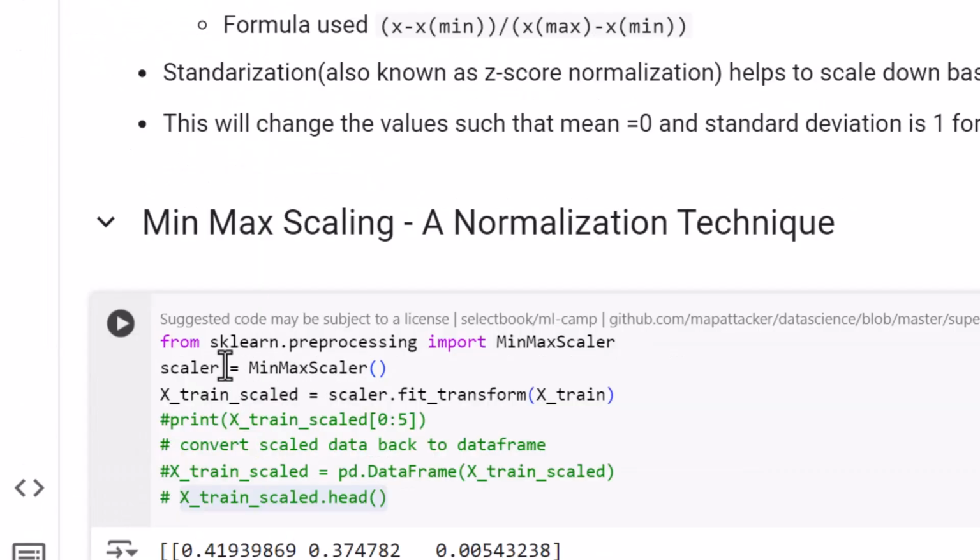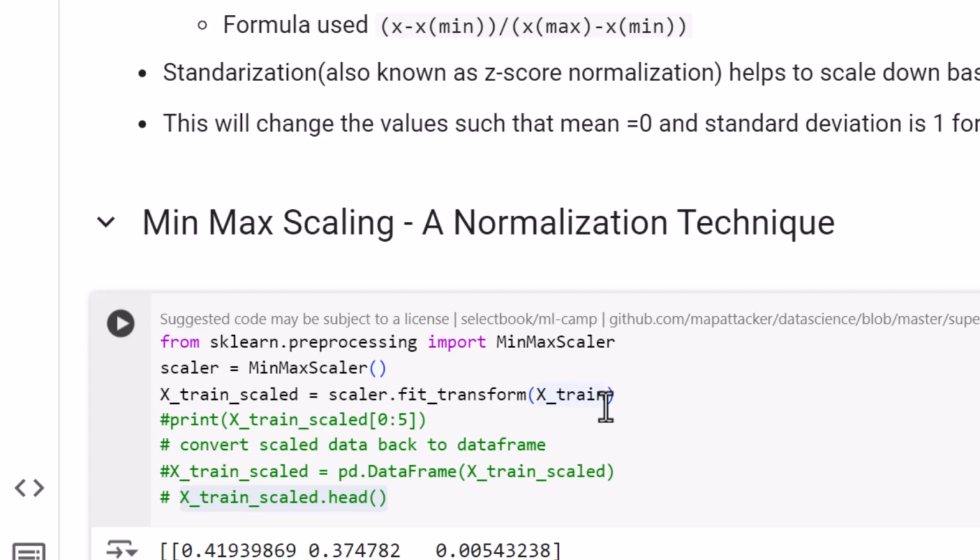Once we import it, we can create the instance of min-max scaler, and then we can apply the fit transform method on the xtrain dataset. Now let's understand what the fit transform method is doing over here. We can also do fit separately and transform separately, while fit transform is doing the job all together. So what is fit individually doing?